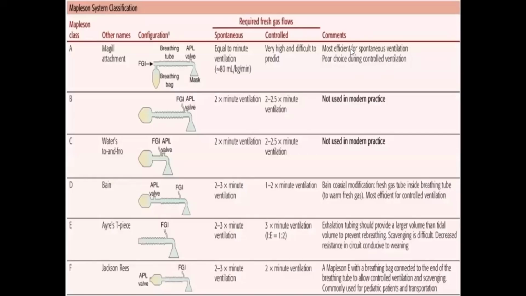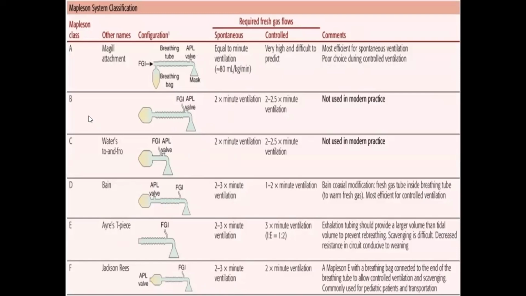Don't waste time. So again, you have to know how much minute ventilation is needed. As I mentioned, all these are semi-closed, so there will be some leak of air. So increased fresh gas flow is needed.